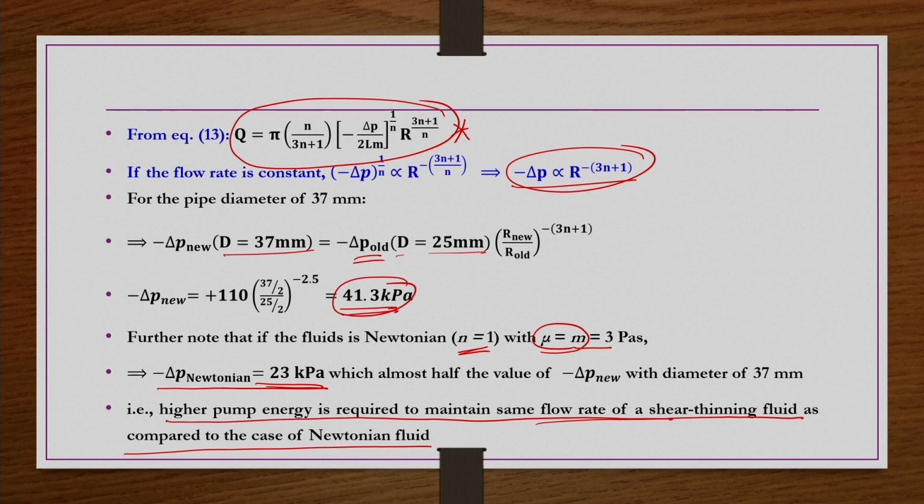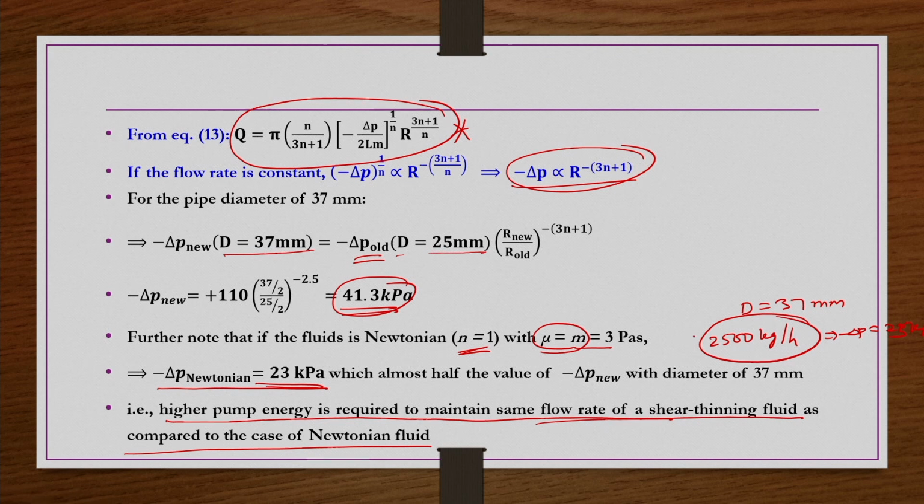So whatever the volumetric flow rate, that 6.46 into 10 power minus 4 meter cube per second, that is given here, that means you are using a 37 mm diameter pipe, and in order to maintain 2500 kg per hour of mass rate, the pressure drop for a Newtonian fluid is just 23 kilopascals.